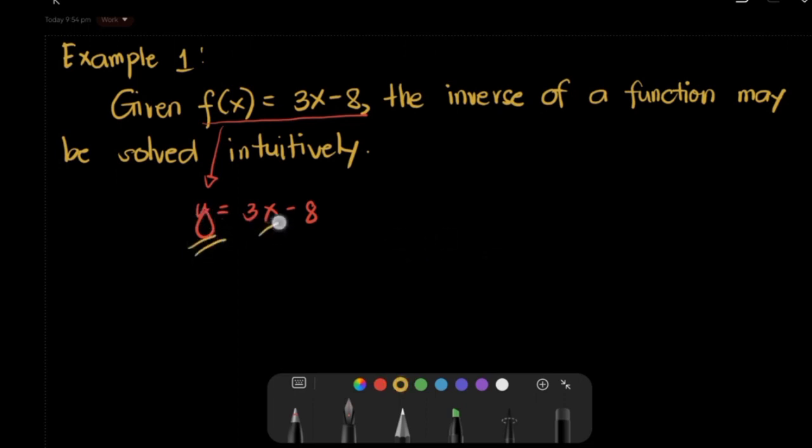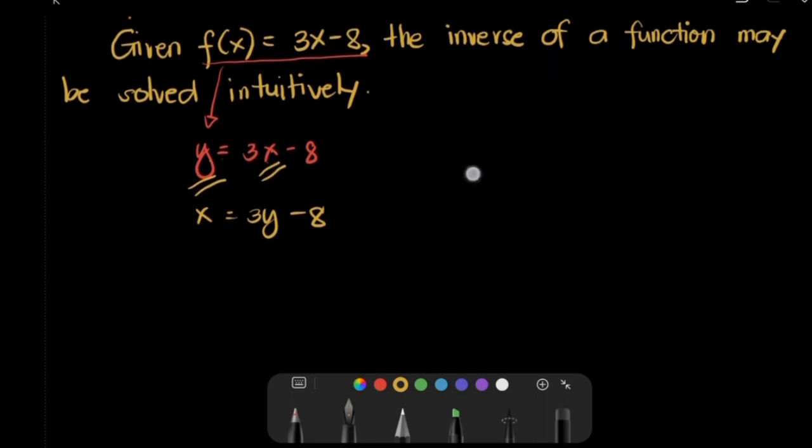So this is x is equal to 3y minus 8. So next, kinahanglan ma-isolate nato si y.